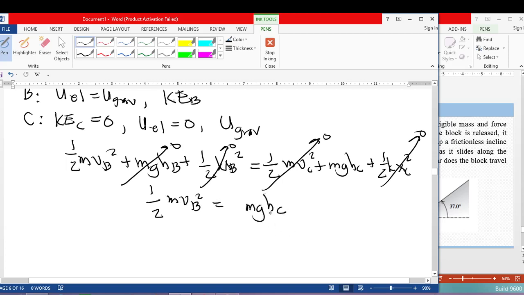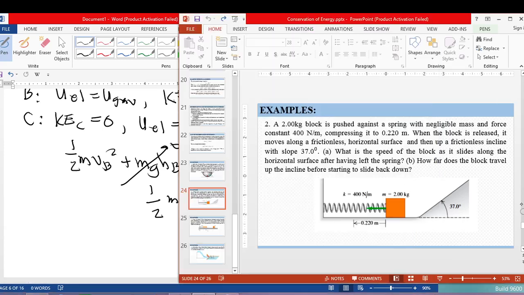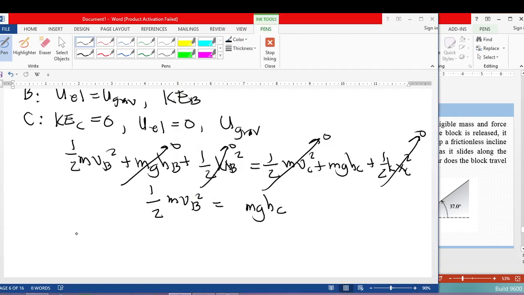So we have to find hC. But remember, our hC is actually equal to h sine of 37 degrees, because it is an incline. If you have an incline, we have to find the height.